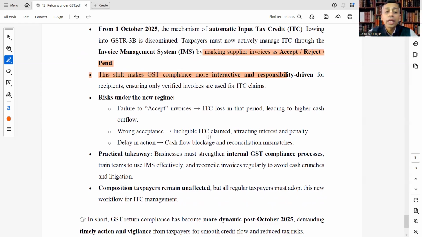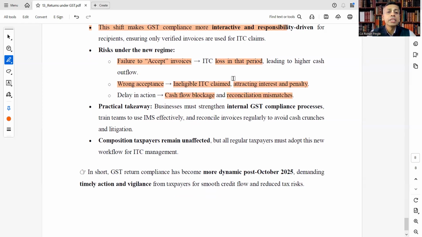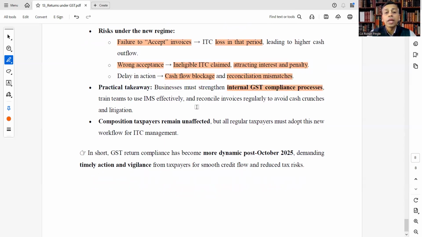Okay. So the risks under the new regime are: failure to accept invoices means ITC loss in that particular period, leading to higher cash outflow in that period. Wrong acceptance will mean ineligible ITC claimed, attracting interest and penalty at a later stage. Delay in action causes cash flow blockage again, and reconciliation mismatches. The practical takeaway is that businesses must strengthen internal GST compliance processes, train teams to use IMS effectively, and reconcile invoices regularly to avoid cash crunches and litigation.